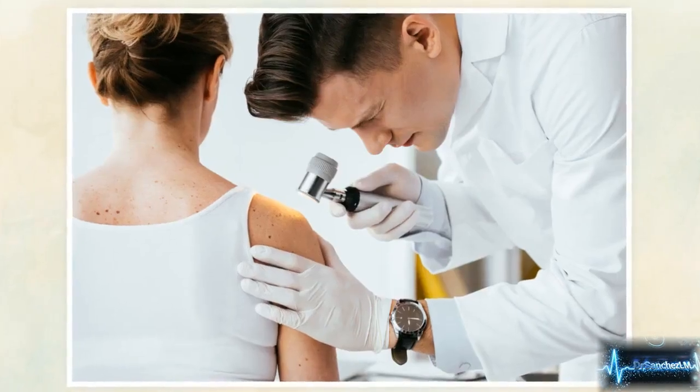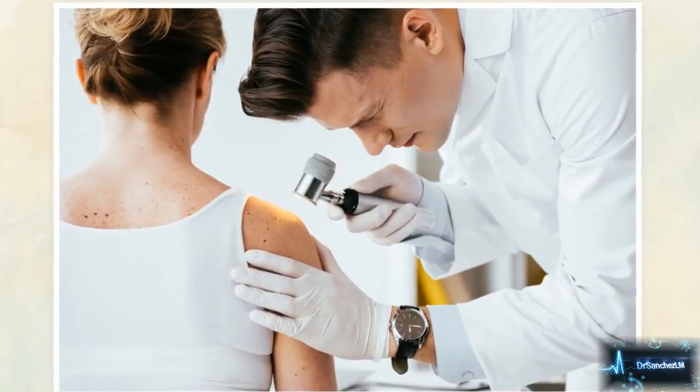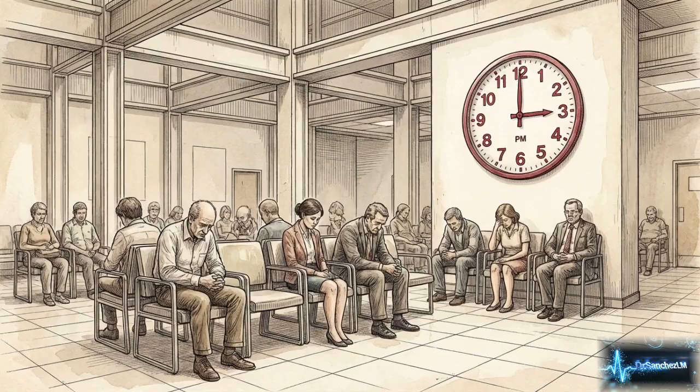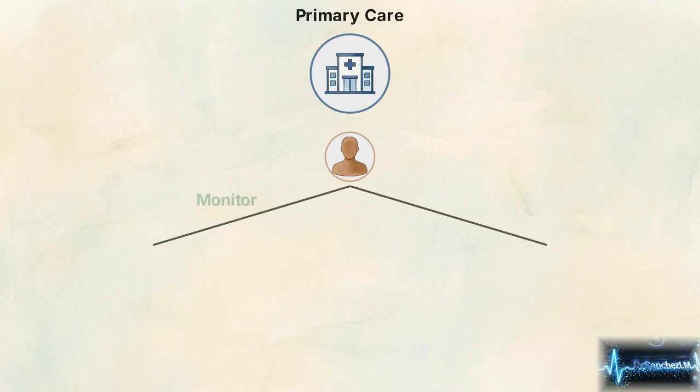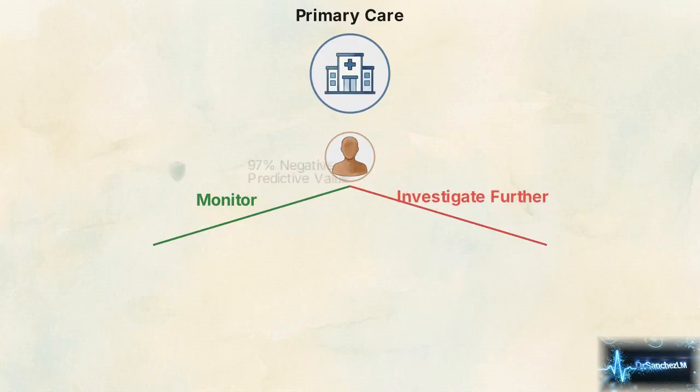Currently, primary care physicians often refer all suspicious lesions to dermatologists, creating massive wait times for specialist care. This chart shows how the ESS device creates a new workflow. Primary care doctors scan suspicious lesions immediately at the point of care, and the device generates a binary result: monitor or investigate further.